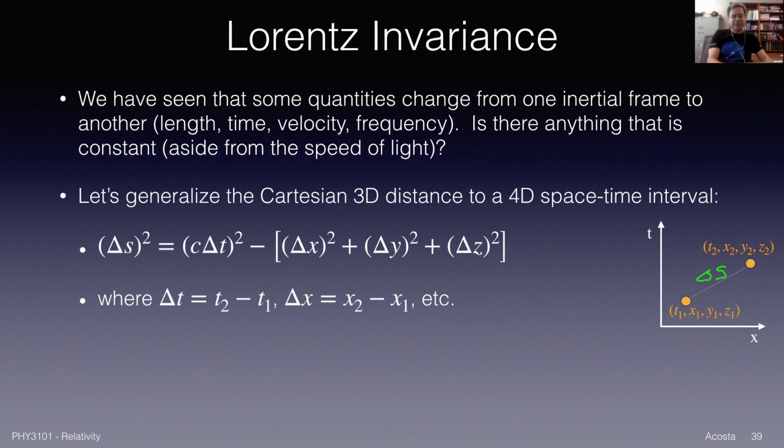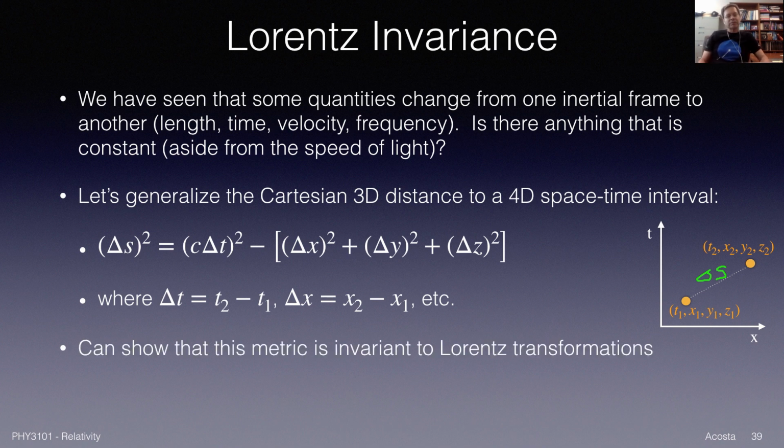And so what I mean by the deltas, just to be more explicit, delta t is time t2 minus time t1. And delta x is position x2 minus position x1, and so forth for y and z. So the deltas are these differences in position, say, either in x or in time or in y and z, for example. All right.